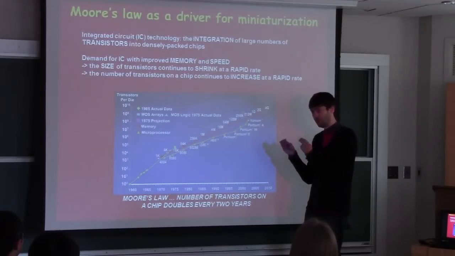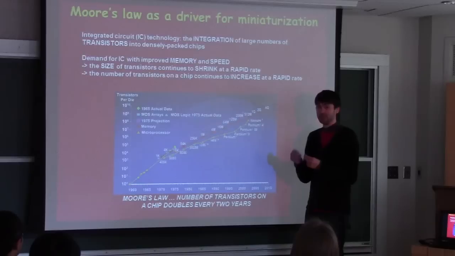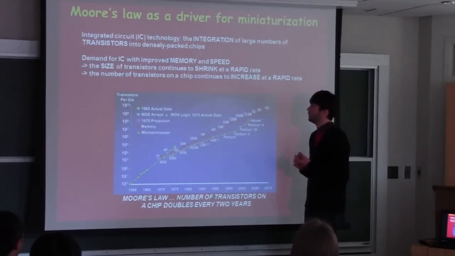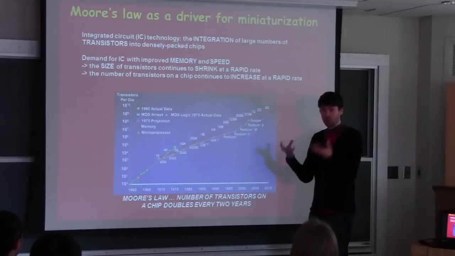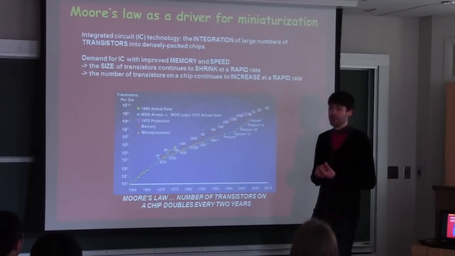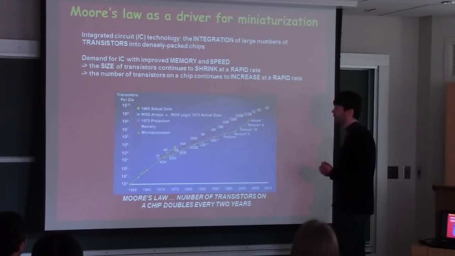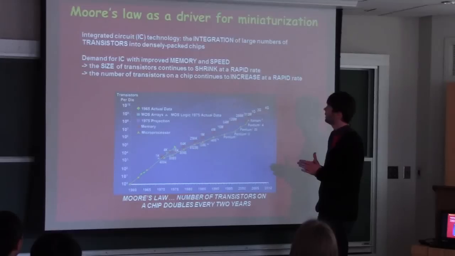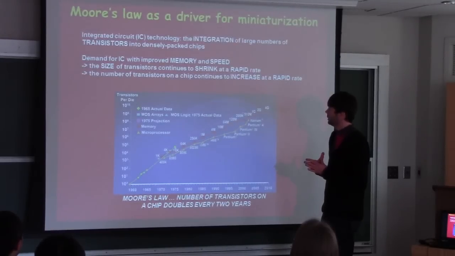Smaller transistors means electrons can cross them faster, so we can increase the frequency of the transistors. And more transistors means we can do more calculations, maybe simultaneously. So it's very important for various applications in this industry.